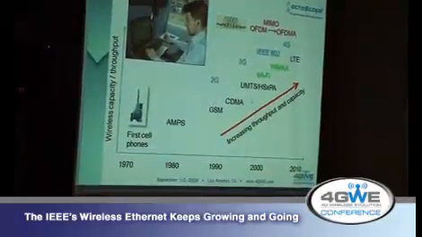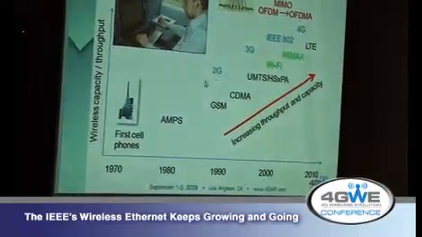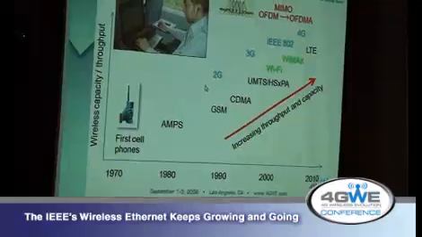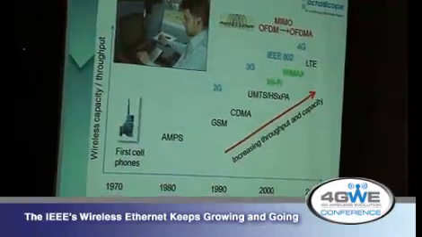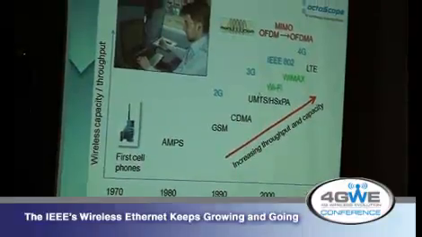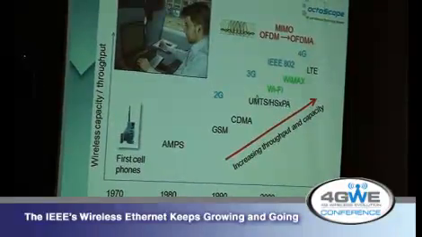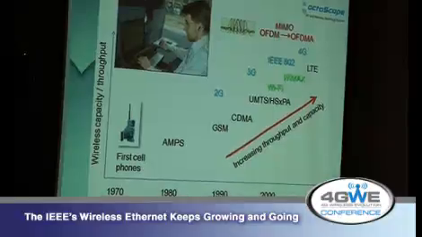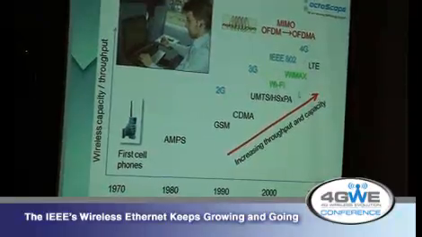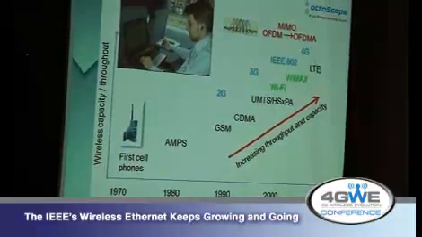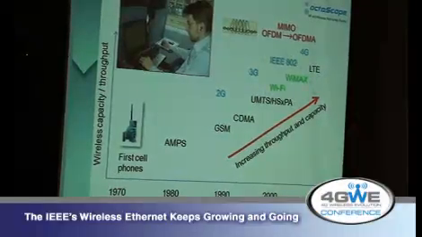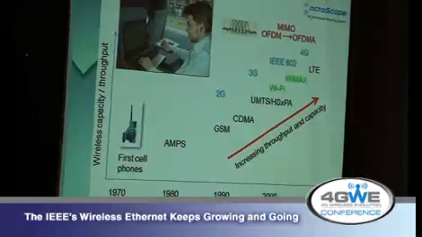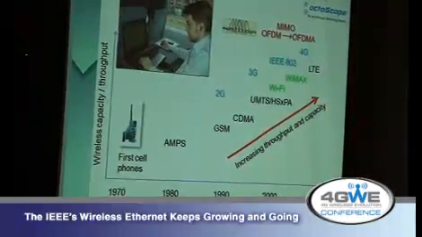And progressed to GSM, CDMA, 2G technologies that still dominate voice communications today, to 3G that's just getting deployed about 10 years after the standards have been released. And what's happened between 3G and 4G is IEEE. IEEE came in and started with Wi-Fi and essentially changed the world of wireless communications as we know it.